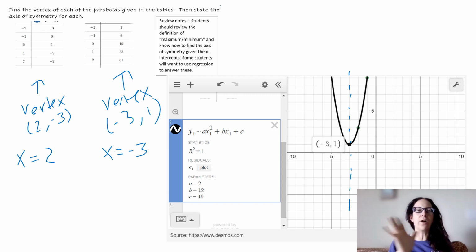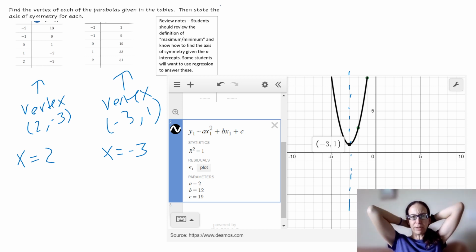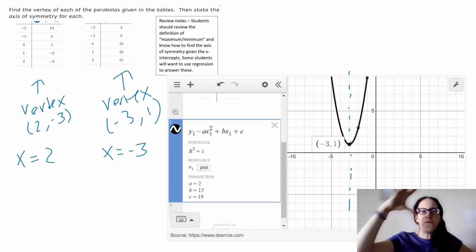Now, over there on the review notes, these are notes that I made to myself when I was developing the review of what other things fall under this umbrella of comparing the key traits of the parabolas. So, the definition of maximum or minimum.